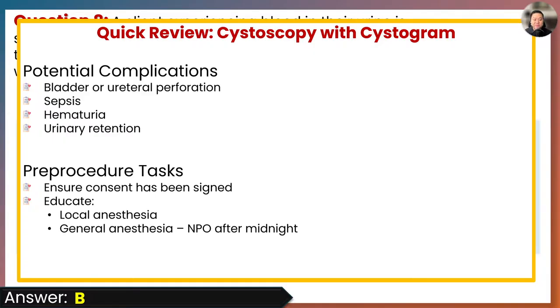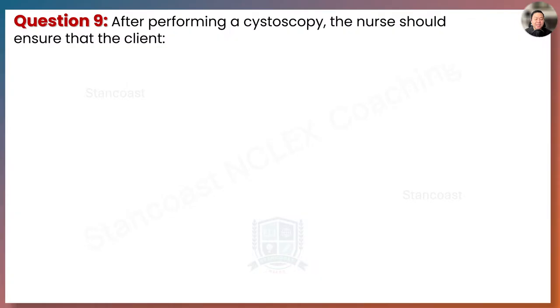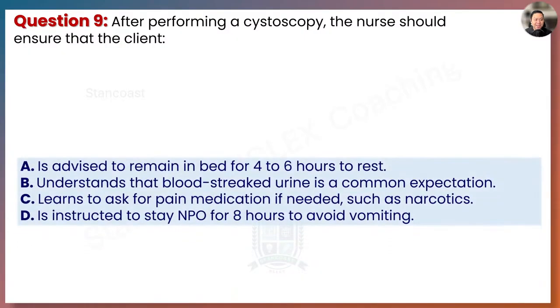We're going to have to provide fluids via IV if the client is admitted in the hospital already, and also follow standard anesthesia protocols. Now, we also have to establish IV access before the procedure is done and make sure that we administer those pre-procedure medications.